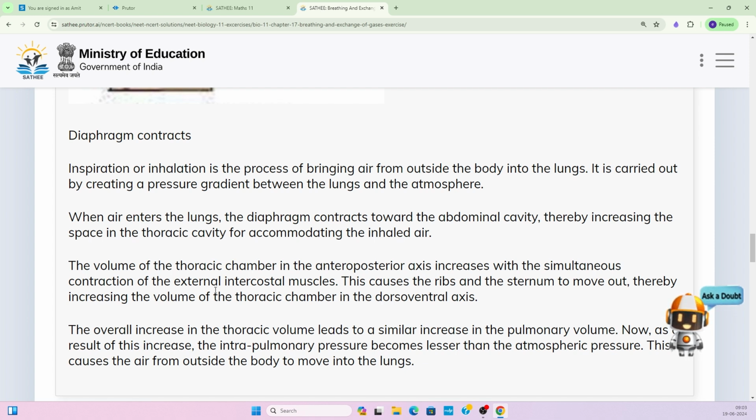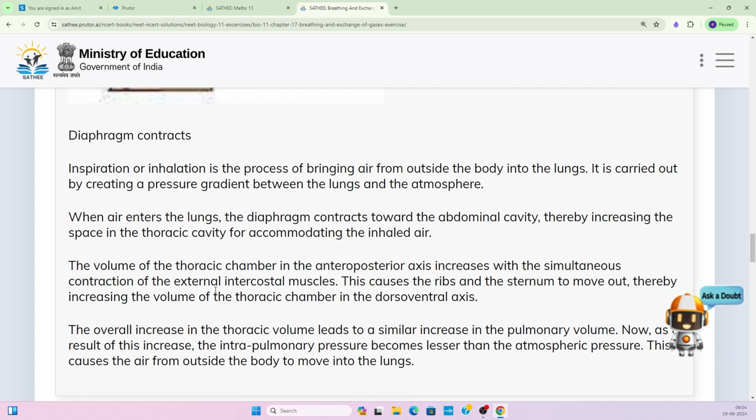Why will the air move inside? There must be some pressure gradient. When air enters the lungs, the diaphragm contracts toward the abdominal cavity. During inhalation, the diaphragm stretches downward, thereby increasing the space in the thoracic cavity and accommodating the inhaled air.